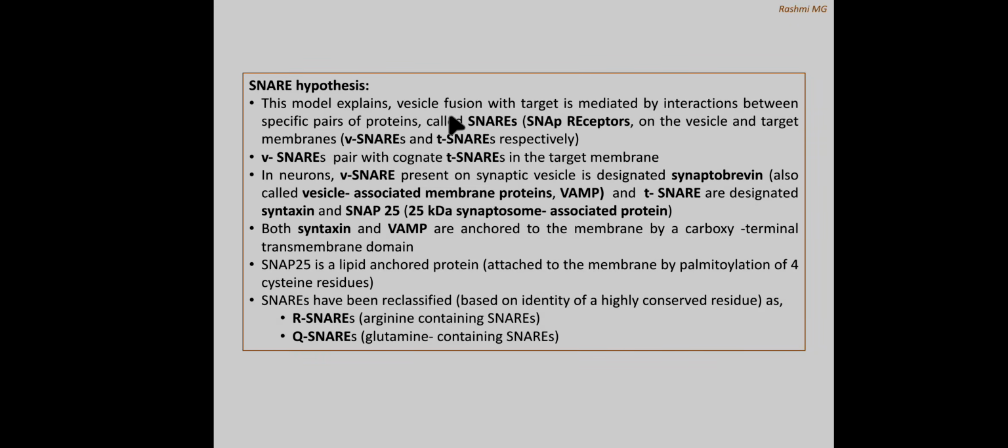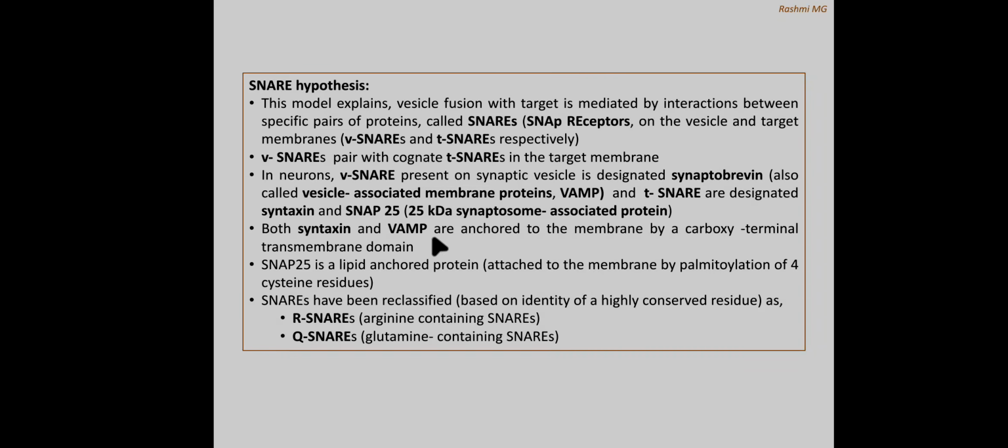This model explains vesicle fusion with target is mediated by interactions between specific pairs of proteins called SNAREs, that is SNAP receptor, on the vesicle and target membrane, V-SNARE and T-SNARE. V-SNAREs pair with cognate T-SNAREs in the target membrane. In neurons, V-SNARE is called synaptobrevin, which is vesicle associated membrane protein, the full form of VAMP, and T-SNARE is designated as syntaxin, that is SNAP25, the 25 kilodalton synaptosome associated protein.